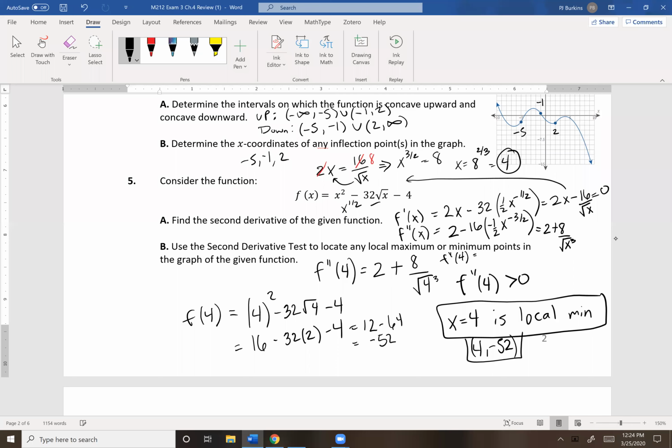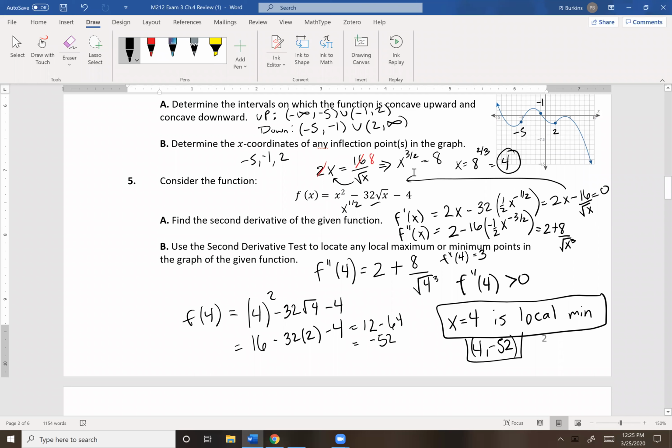So above all of that, when you got 4, is that you setting it to 0? Yeah, so I set it to 0, and then I moved the negative 16 over square root of x to the other side of the equation and made it positive. Right here, divided both sides by 2. Then x times x to the 1/2, add the exponents. That becomes 3/2.